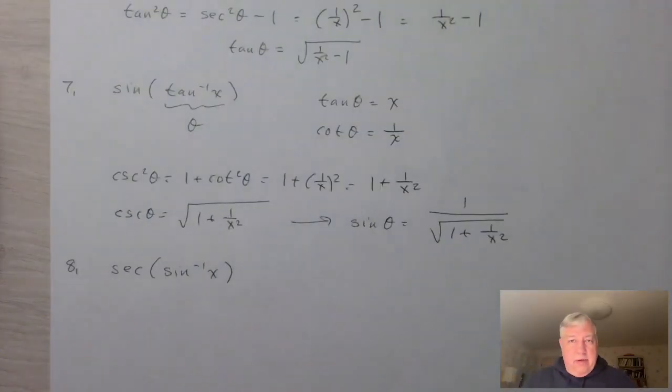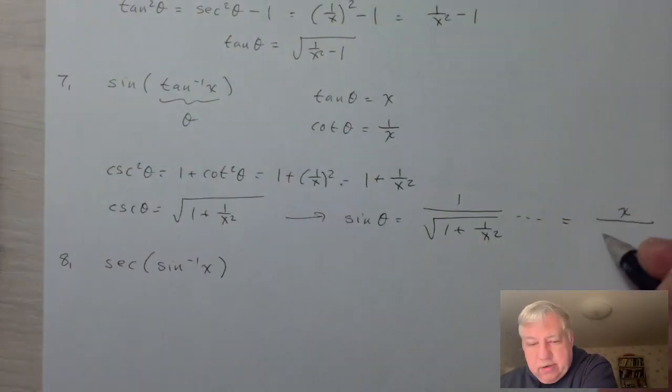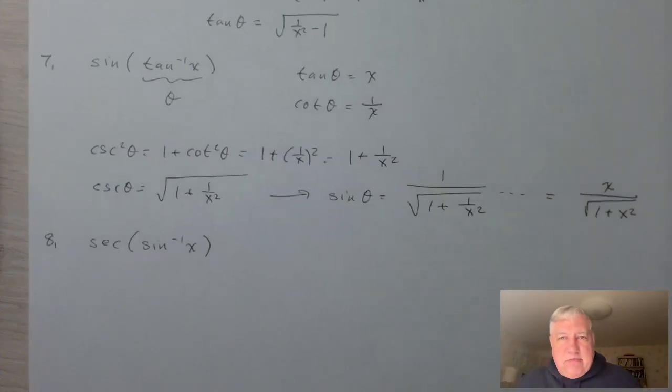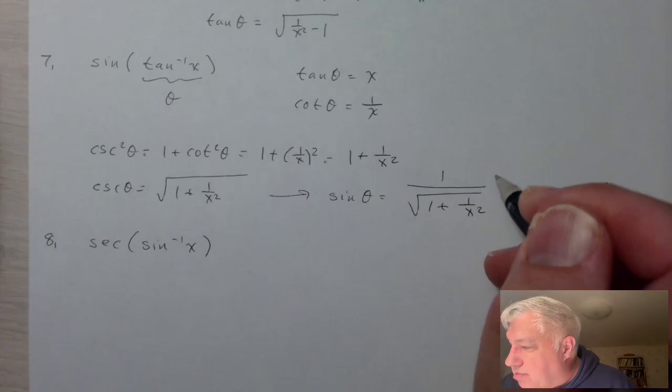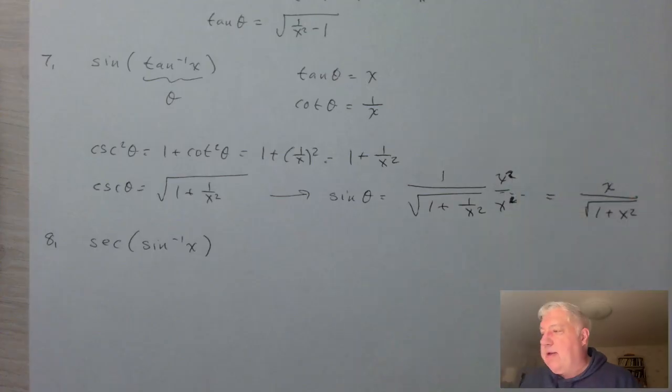Okay, and if you want to simplify this, you can. If you play around with this, this will actually be equal to x over the square root of 1 plus x squared. See if you can do this yourself. I think the key here is just multiplying and dividing by x, and then playing around with this. Do a little algebra. But that's what the answer is.